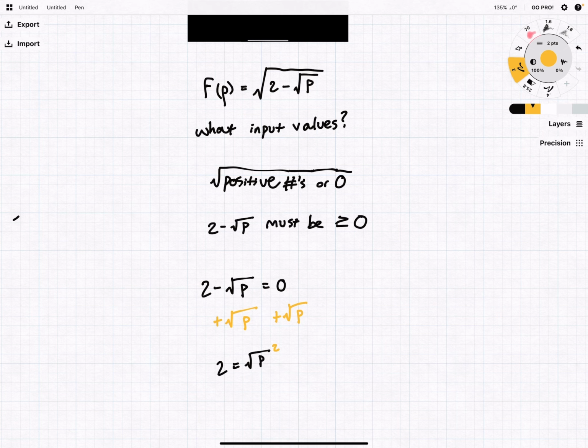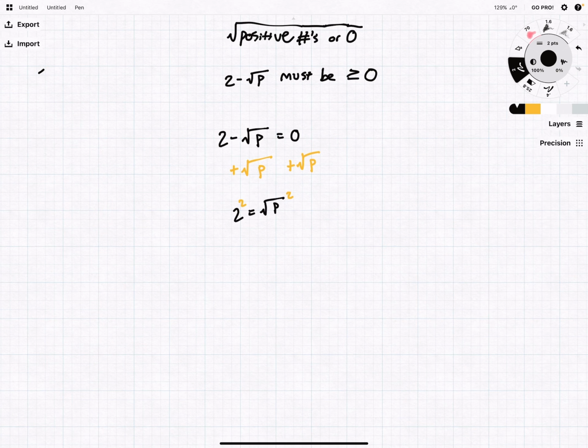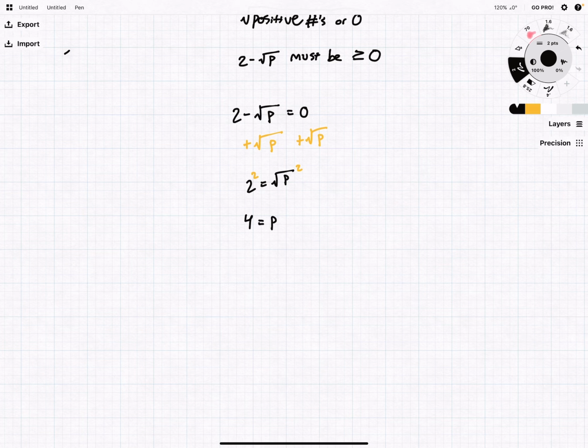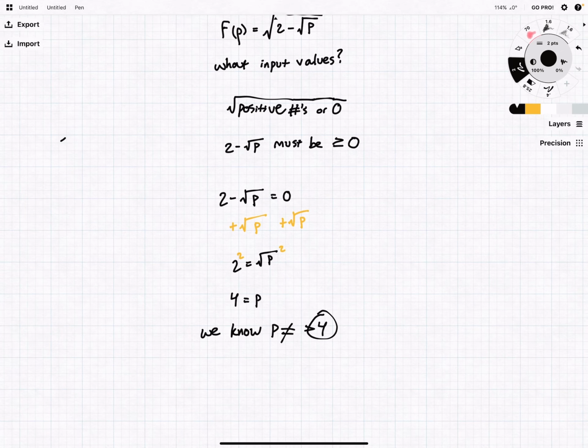We'll square both sides to get rid of that square root, and that will leave us with 4 being equal to p. So now we know that p cannot be greater than 4. So that's good. 4 is the maximum value of p.